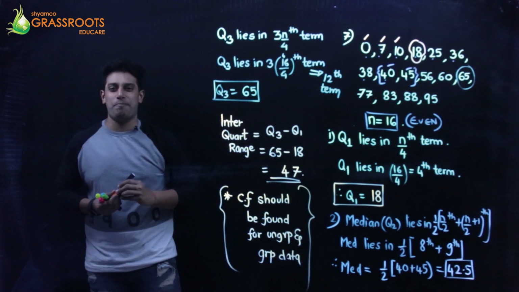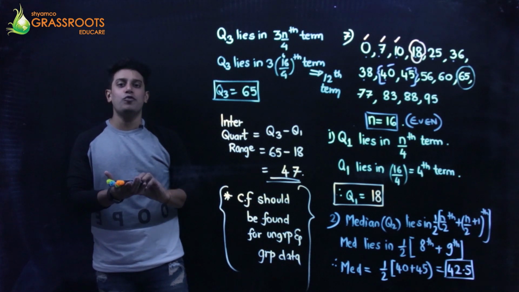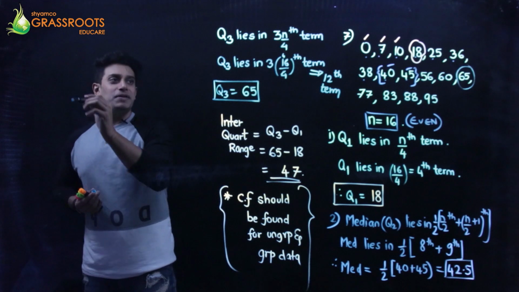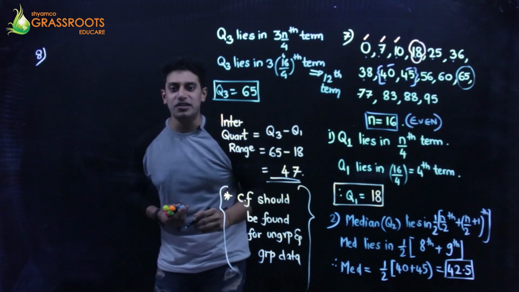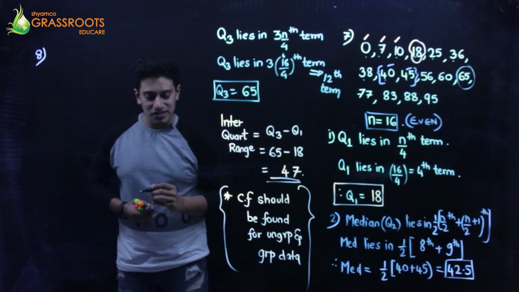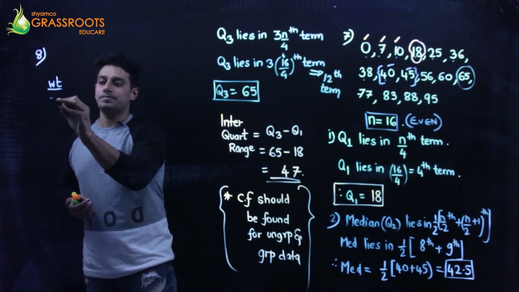That's my first step for ungrouped or grouped data to find median or quartiles. Let's begin with question number 8. I need to make the table in a vertical format. The given part is weight: 37, 38, 39, 40, 41.